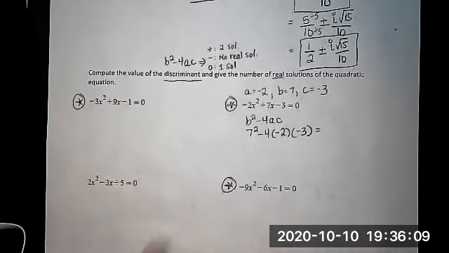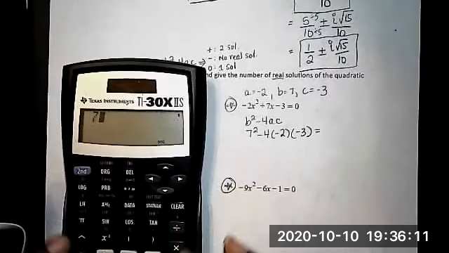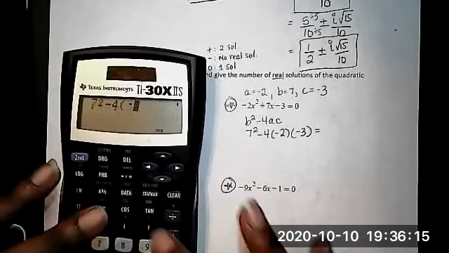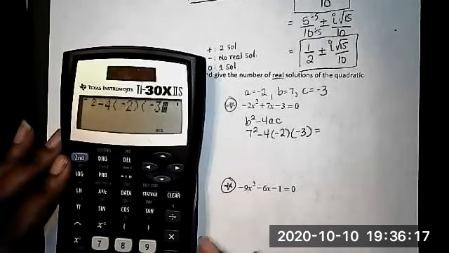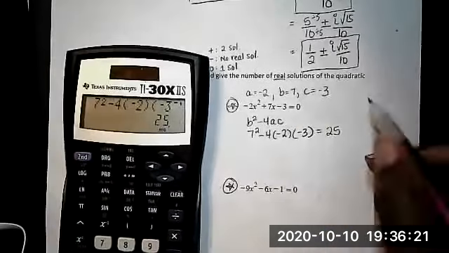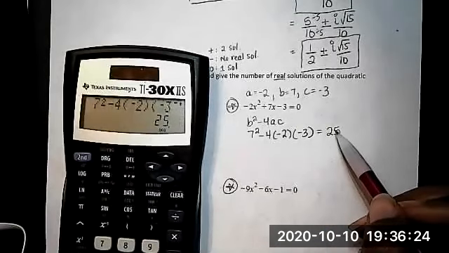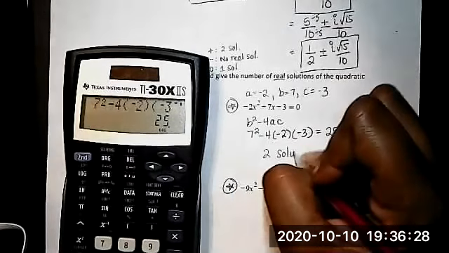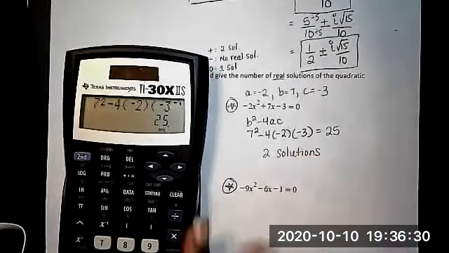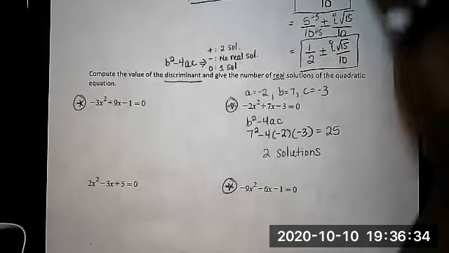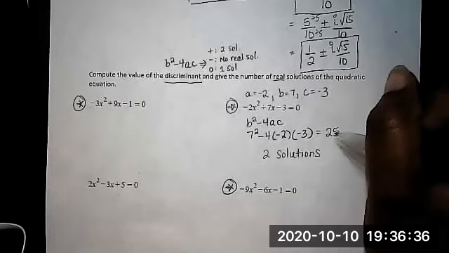Put that in my calculator. 7 squared minus 4 times negative 2 times negative 3. And then my answer is 25. Positive, doesn't matter what the answer is. If it's positive, there are 2 solutions. So the value of the discriminant is 25, which is positive, 2 solutions.